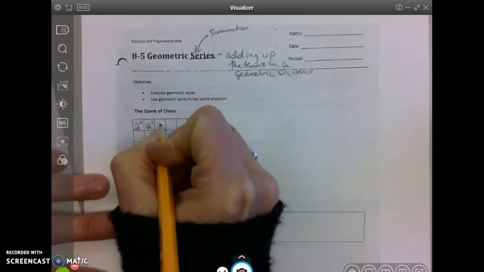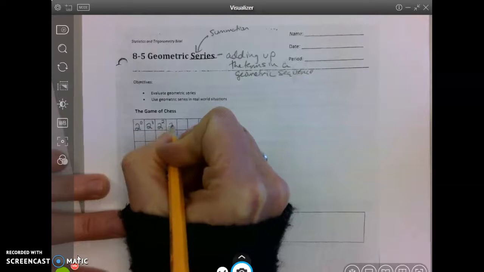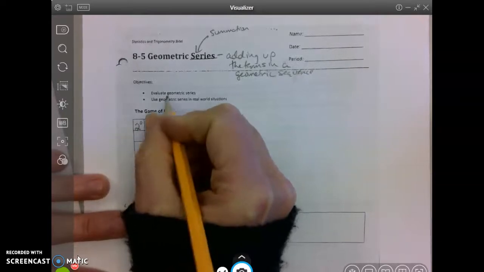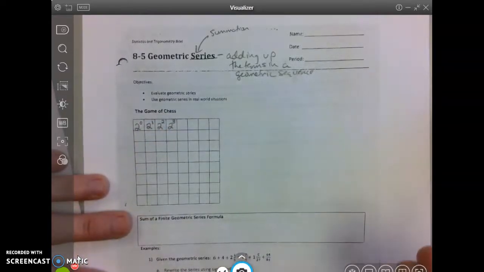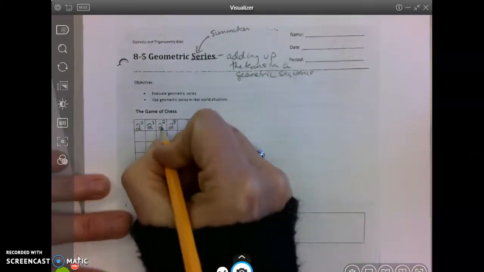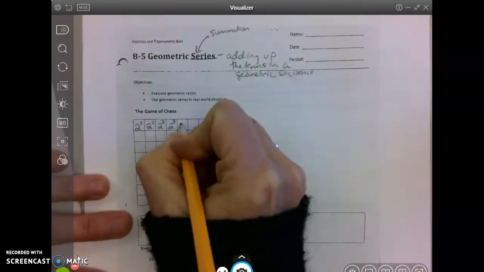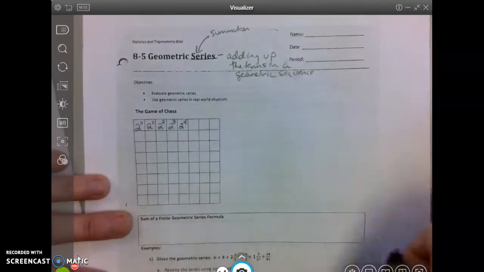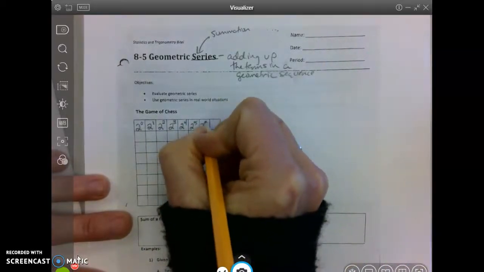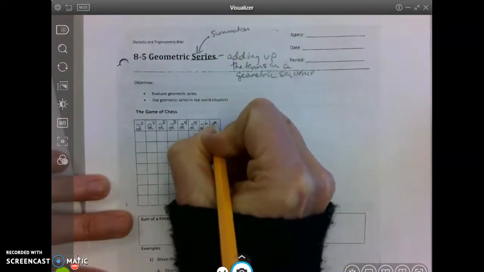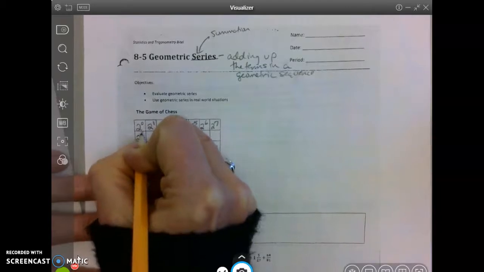Then I double that, so it becomes 2 to the second. I double that, then that becomes 2 to the third because I just keep multiplying by 2. Because this is 4, this is 8, multiplied by 2. That gives me 16, or 2 to the fourth. And I just keep going up like that, and it's going to just keep going.